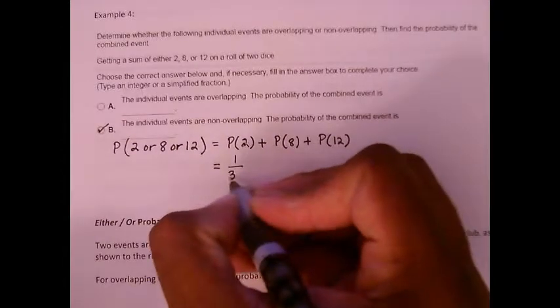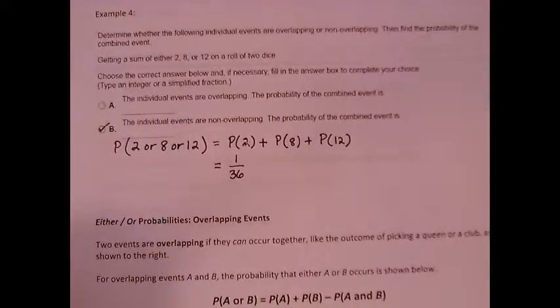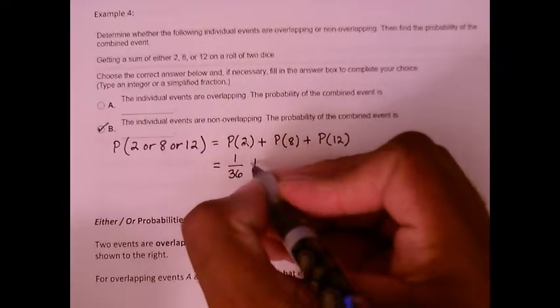So it's 1 over 36. The 36 comes from the fact that on one die there's 6 possibilities, on the second die there's 6 possibilities. So if you multiply 6 times 6, you're going to get 36.